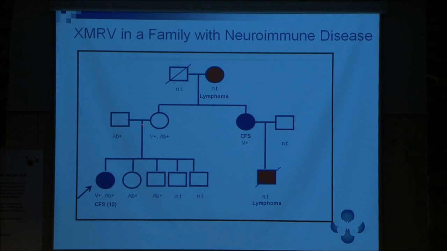Both the mom and the dad, who are perfectly healthy, have evidence of infection. Dad has antibody, mom has virus that I can culture as well as antibody. There are 5 kids in the family, but only this young woman got sick, and she got sick at 12 years of age, at puberty.